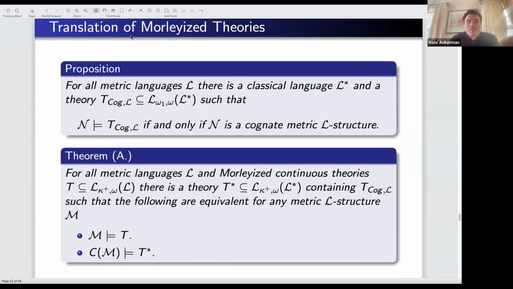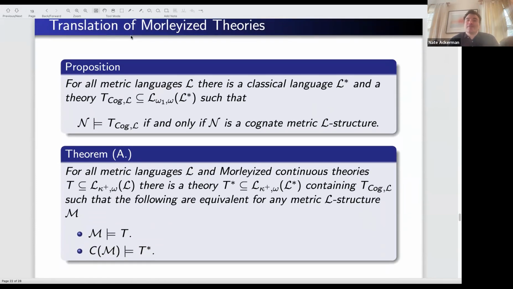And in particular, this allows us to do the following. Now that we have cognate metric maps, we can also talk about the basic operations on these metric maps. If you remember, the way we built formulas up was we said, okay, first I can build terms by composing functions. Well, if I know what it means to be a cognate metric map, it's not hard to say what it means for one metric map to be the composition of two others.